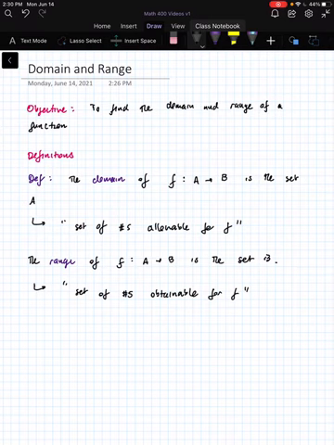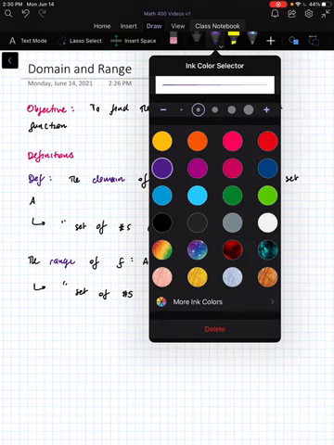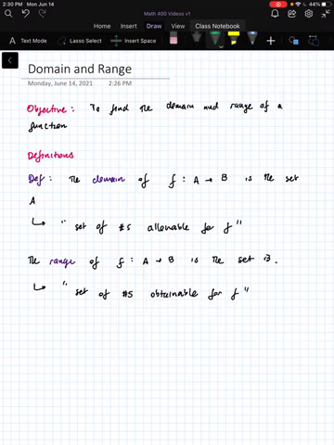So domain and range, when we're talking about them in practice, are sets of real numbers, and we express them in interval notation as often as we can. So let's go over some examples.